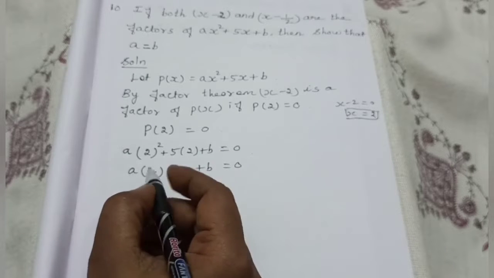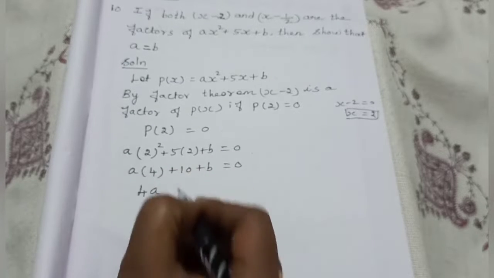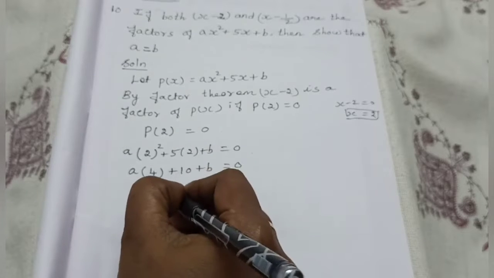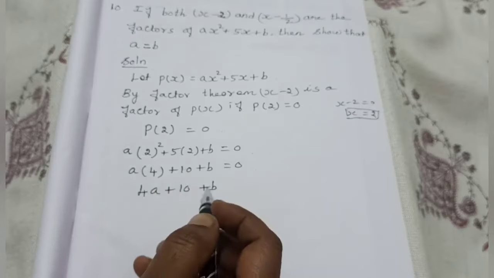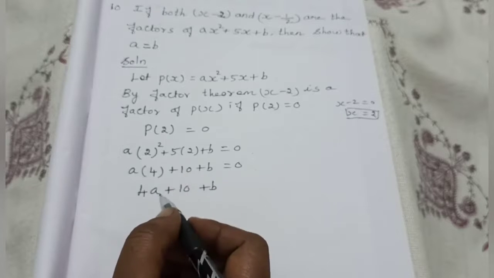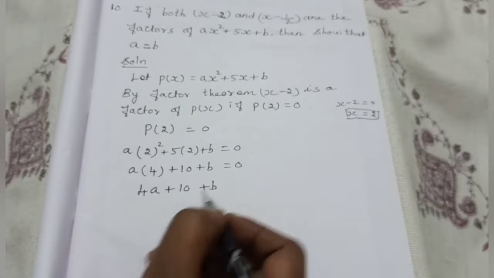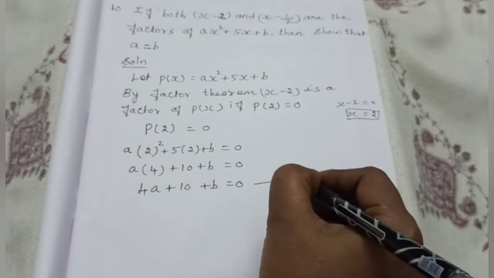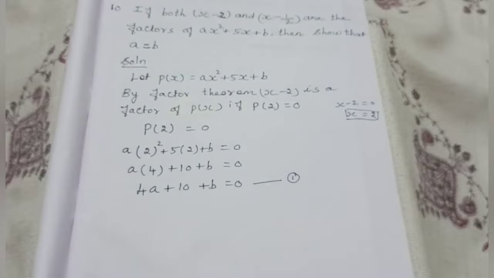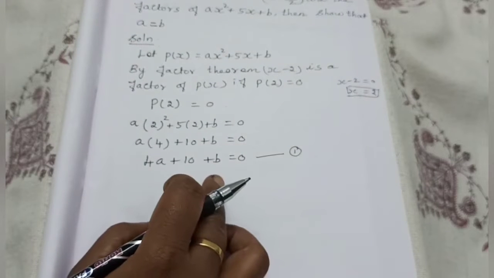Then a into 4 is 4a, plus 10 plus b. Can you add any like terms here? No, we cannot add. So 4a plus 10 plus b equal to 0. This one we take as equation 1, and we cannot reduce it further.